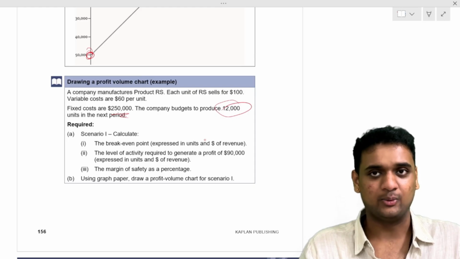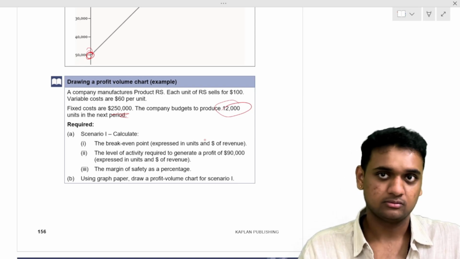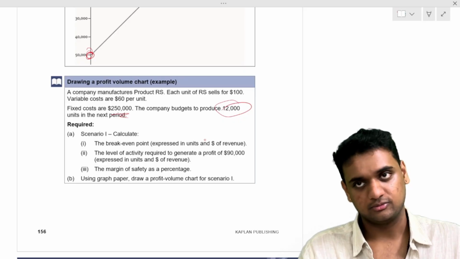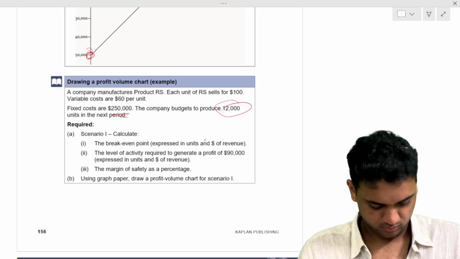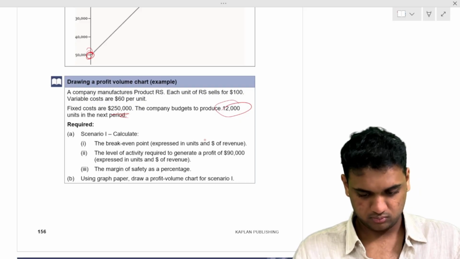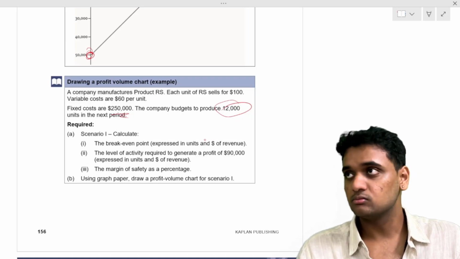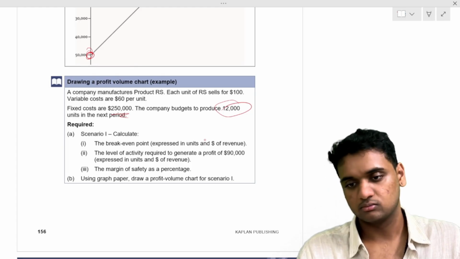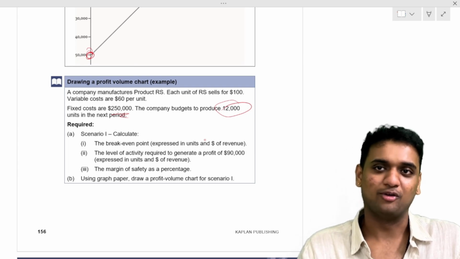6250 into 100, 6,25,000. Using the better or new formula, find the break-even point in amount. What is the second formula to find the break-even point?